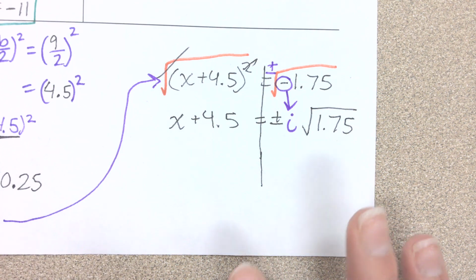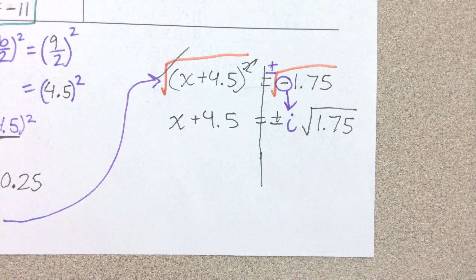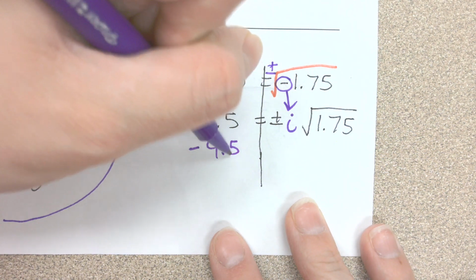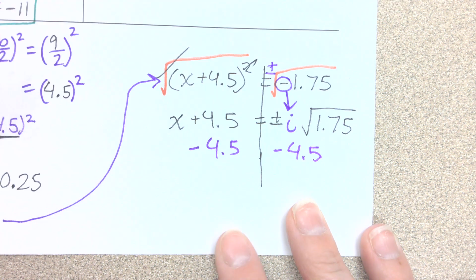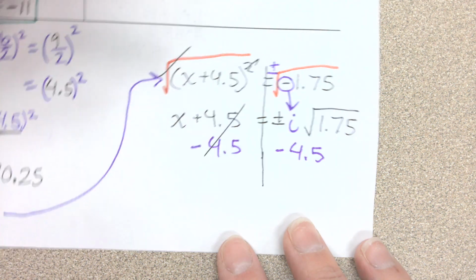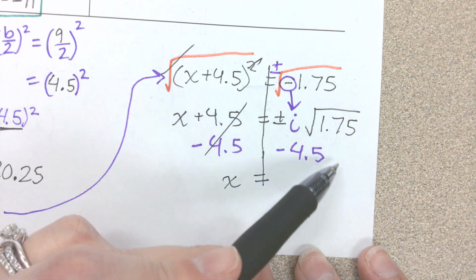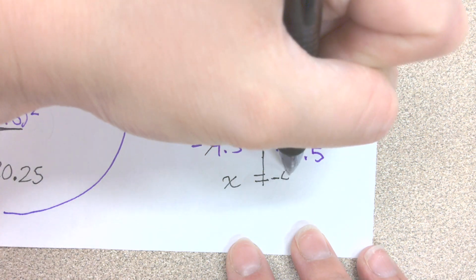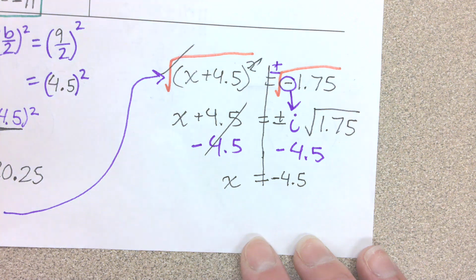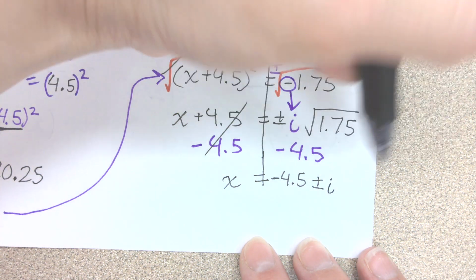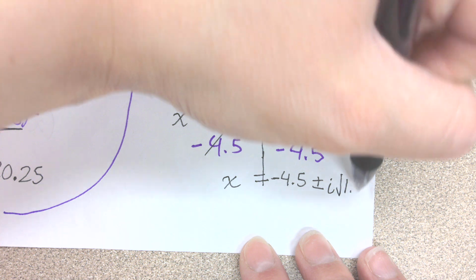Again, I know this looks like a lot, but we are basically done. We have a plus 4.5. Let's move it. Minus 4.5 on both sides. X equals, write the negative 4.5 first. Negative 4.5. And then what's above? Plus or minus i square root of 1.75.